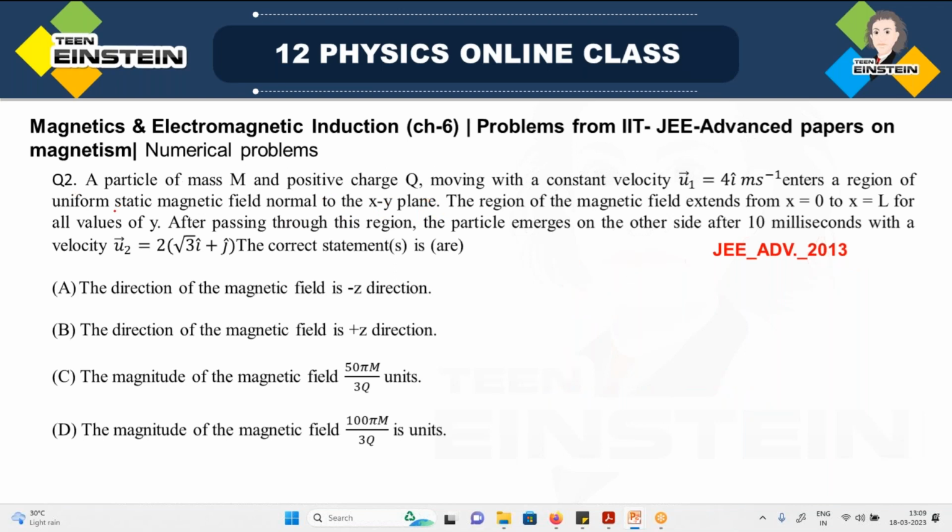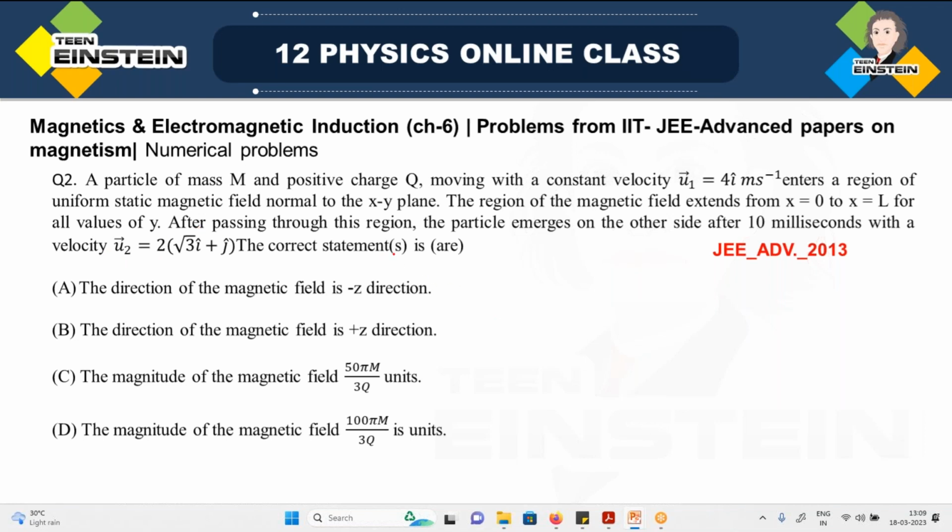The magnetic field is uniform and static. The region of magnetic field extends from x equal to 0 to x equal to L for all values of y.